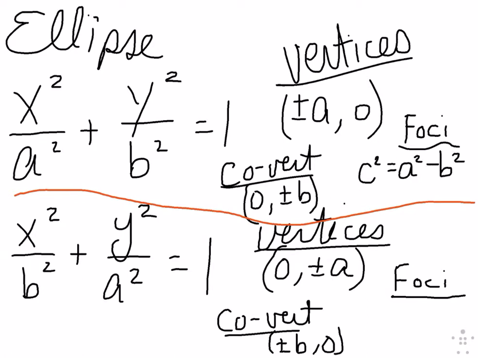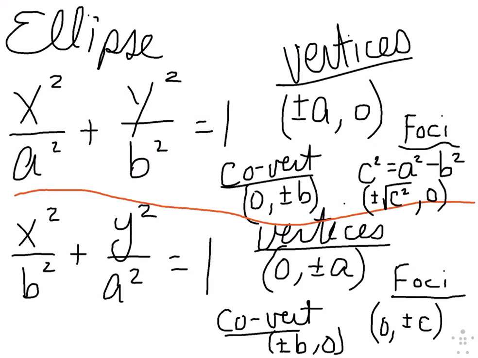And then depending on which one has the vertices, your foci will be in the same position. So for the top one, it would be plus or minus the square root of whatever c squared is, 0. And the bottom one would be 0, plus or minus whatever that c is.